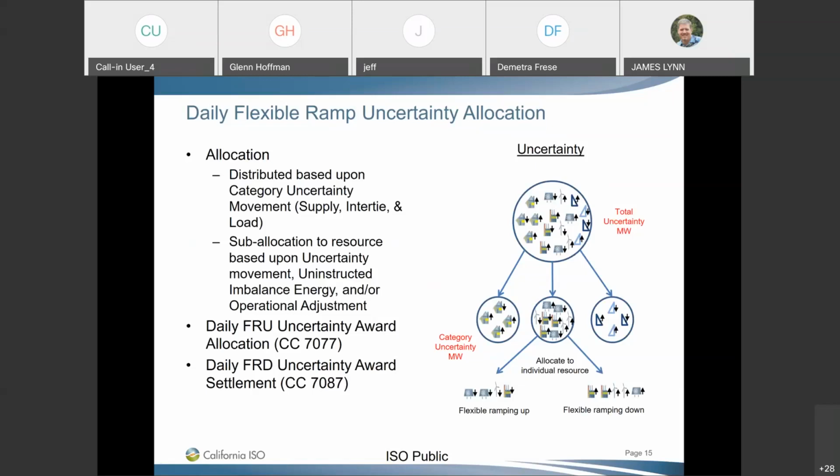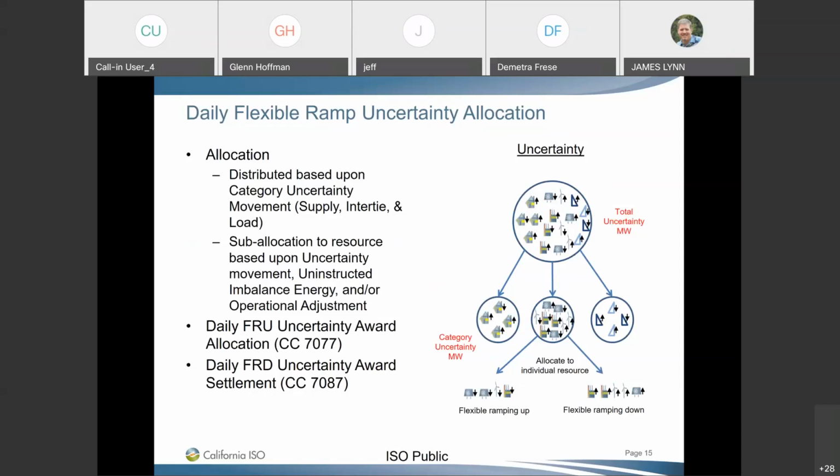And so when we have this cost, let's say it's $1,000, and I go and allocate it into these buckets, I'm going to say what percentage of the total uncertainty is associated with supply, what percentage is associated with intertie, what percentage is associated with load. And then from there, we will further allocate that down.